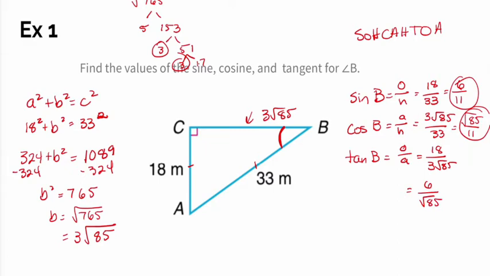It's bad to have a square root in the denominator, so what we want to do is rationalize that denominator by multiplying the numerator and the denominator by the square root of 85, and get 6 square root 85 over 85.